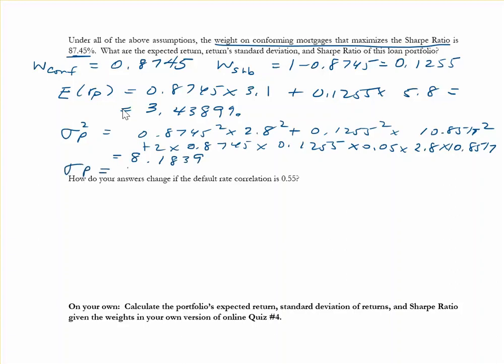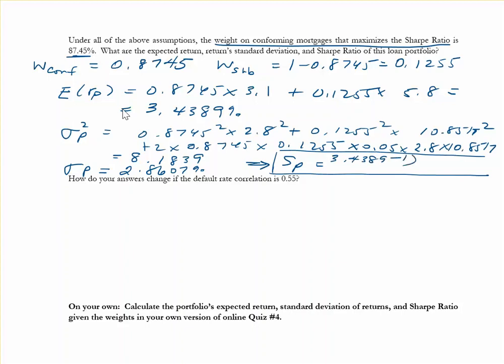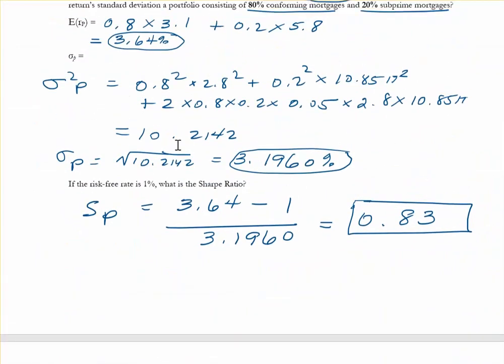And when you take the square root, you'll get 2.8607, giving you a Sharpe ratio of 3.4389 minus 1 divided by 2.8607, which is 0.85. And so we can see that that will be higher than this arbitrarily chosen one previously, where it was an 80-20 portfolio.